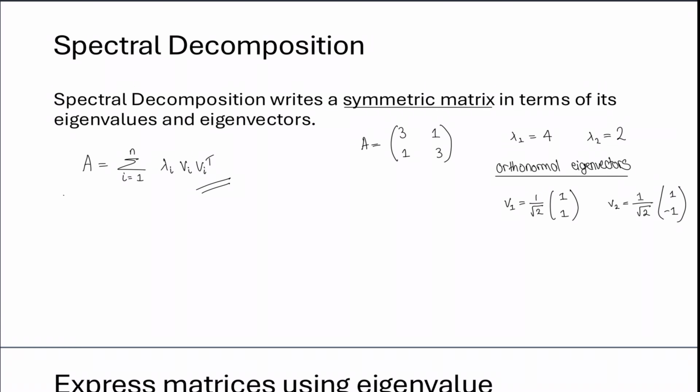So now if we use this formula, we start with 1, we're going up to 2, and then our first eigenvalue, and then the tensor product between the corresponding eigenvectors. So if we work this out, we get lambda 1 v1 v1 transposed plus lambda 2 v2 v2 transposed.